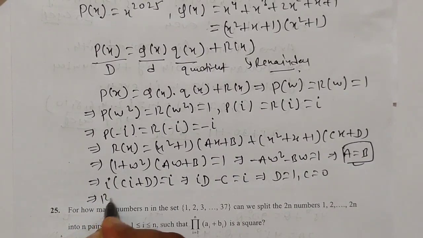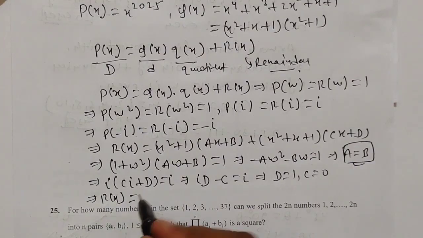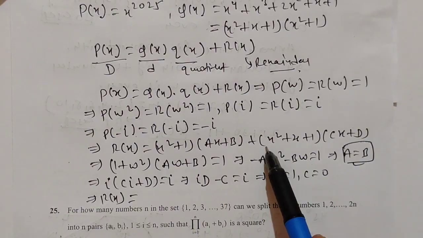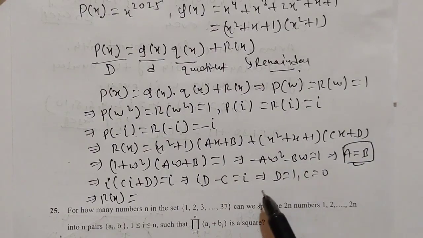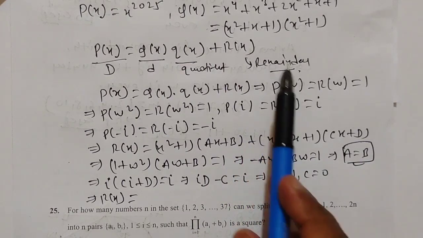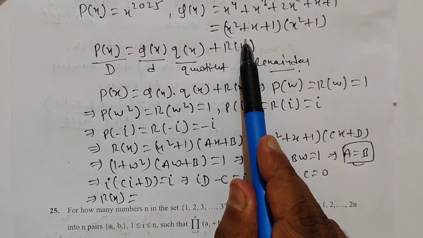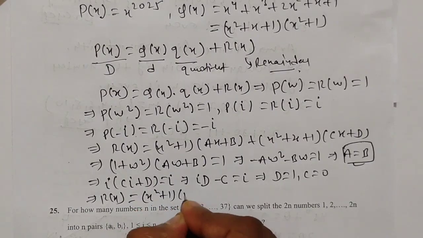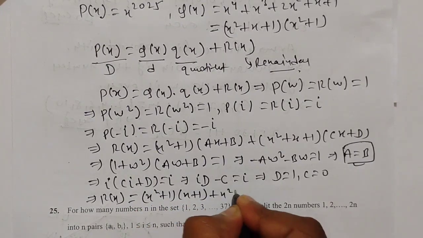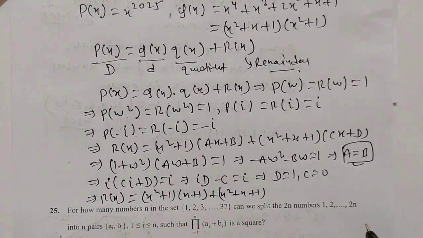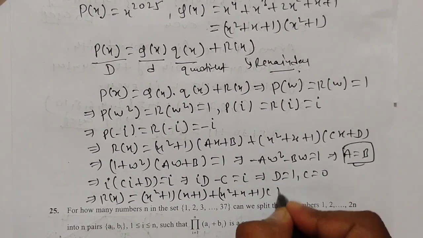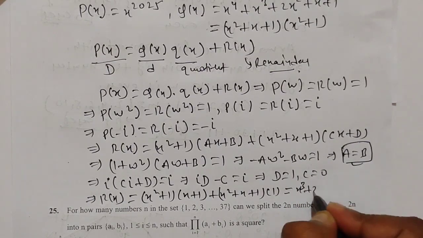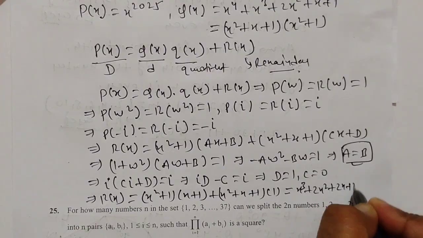Now we have Rx is equal to (x² + 1) into (x + 1) plus (x² + x + 1) into 1, and this is equal to x³ + 2x² + 2x + 2.